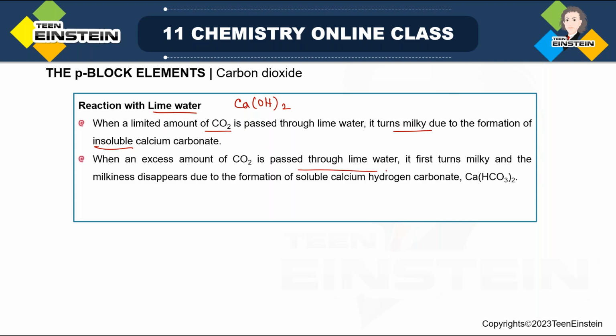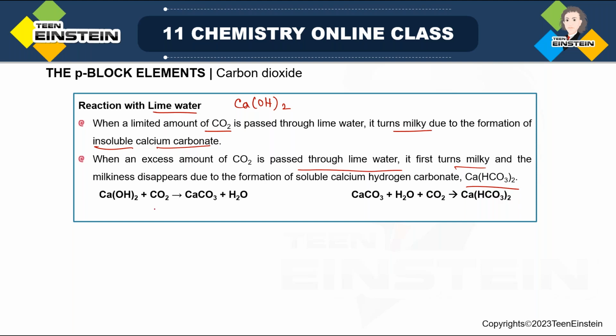When excess CO2 is passed through lime water, first there will be a milky appearance, but it will disappear and there will be a clear solution. Why are we getting a clear solution? Because first there is formation of CaCO3, but when excess CO2 is passed, we get Ca(HCO3)2. Once this compound is formed, the milky appearance will not be there.